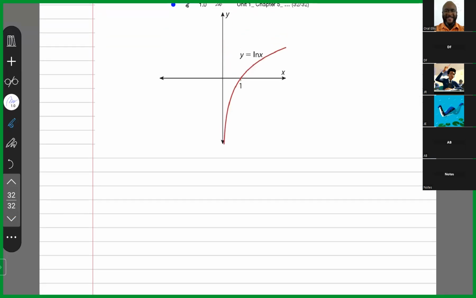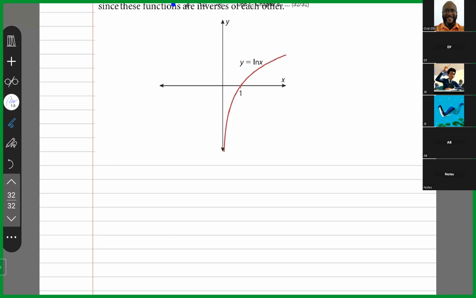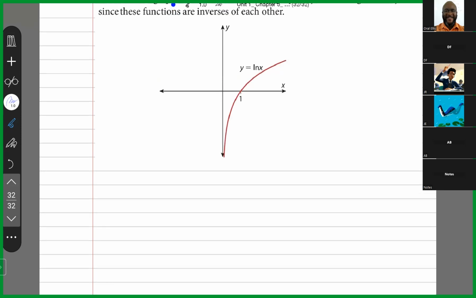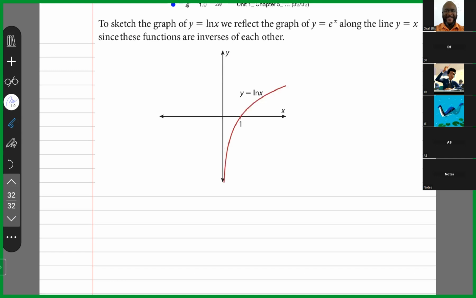All right, and finally, this is what the graph of log to the base e of x would look like. It is the same as the graph of y equals log to the base a of x, where a is greater than 1, because e is also greater than 1. e is approximately equal to 2.718.